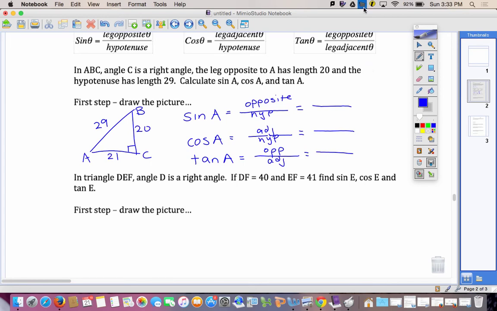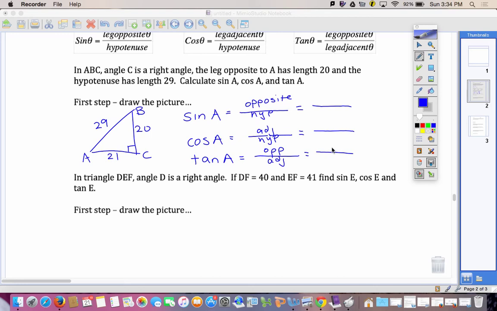Okay, I've drawn the picture, and I have triangle ABC with all of my lengths filled in. I wrote that sine of A is equal to the opposite divided by the hypotenuse, cosine of A is the leg adjacent to A divided by the hypotenuse, and tangent of A is the leg opposite of A divided by the leg adjacent to A. Let's fill in these numbers.